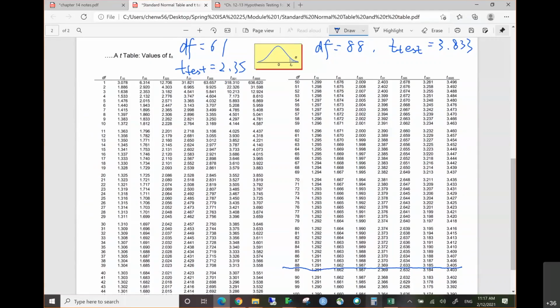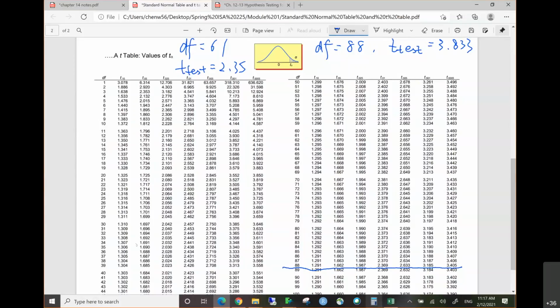What is your p-value then? What is the range of your p-value? Ben, what do you think? Yeah. So the range of the p-value would be less than 0.0005.